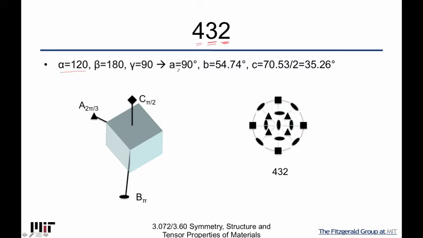there's finite angles. Remember that the angle between B and A is C. The angle between C and A is B, and the angle between B and C is A. So the angle between B and C, which is the 180 degree and the fourfold axis, would be 90 degrees.